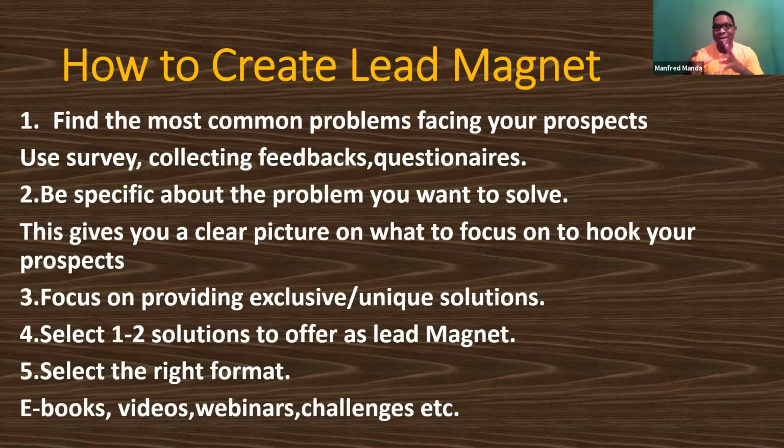So if you have done my survey, I have asked several questions to collect and understand what problems you are facing. When I understand the problems you are facing and you give me your email address, that means if I prepare my lead magnet according to the problem that you are facing, my lead magnet is going to solve that particular problem.